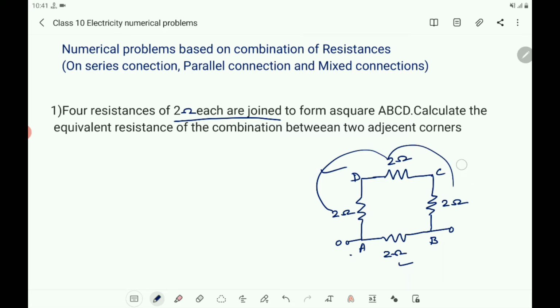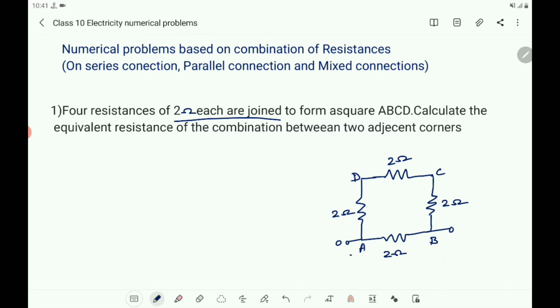You know that the equivalent resistance in the series connection is the sum of the resistances, and these two resistances, RAB and RADCB, are connected in parallel, and we have to find the equivalent resistance between A and B.